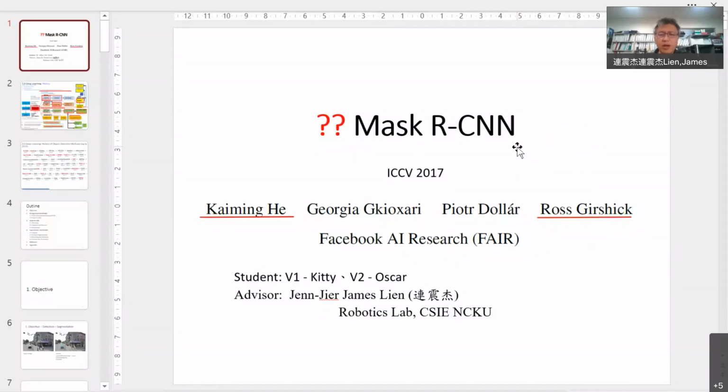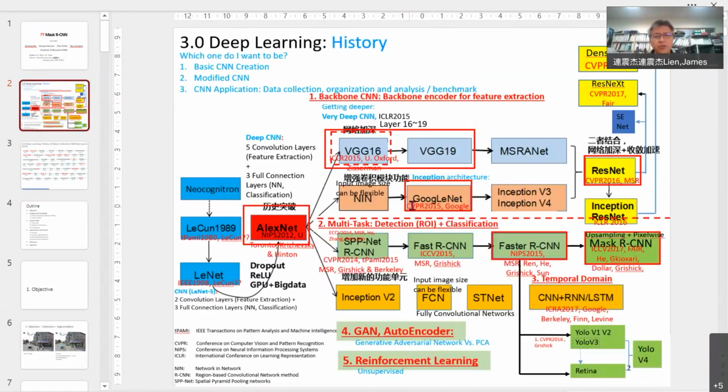Today we'll talk about Mask RCNN. Previously we already finished the backbone. For the backbone, it's only an encoder without a decoder, and it's for feature extraction, and the purpose can apply to classification.